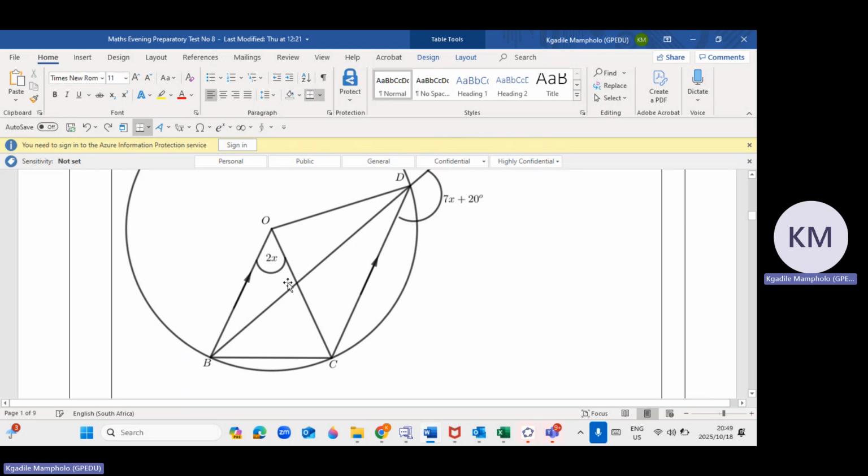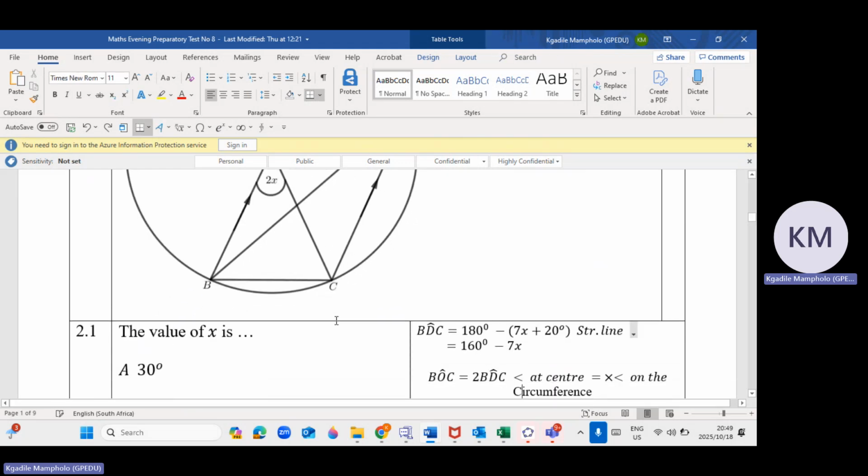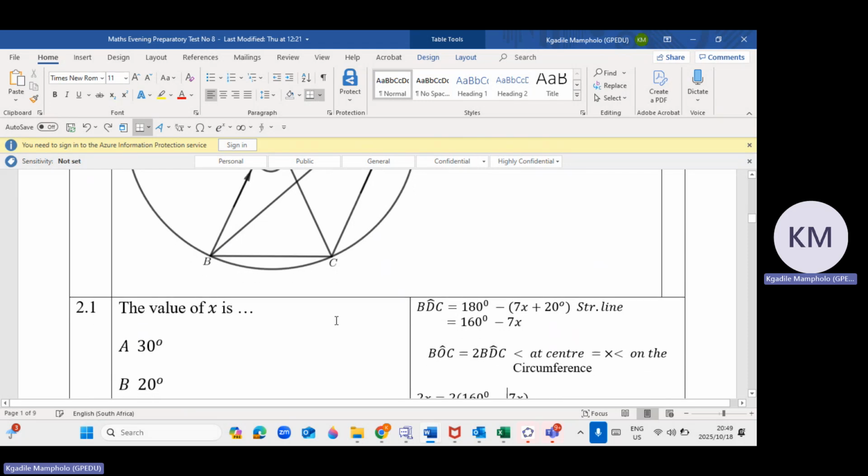So then you say 2x equals 2 into (160 minus 7x). Your reason is that the angle at the center of a circle is twice the angle on the circumference. So BDC is 160 minus 7x.